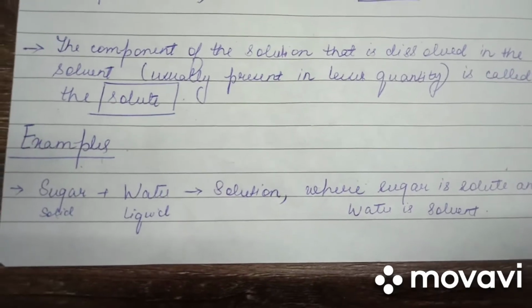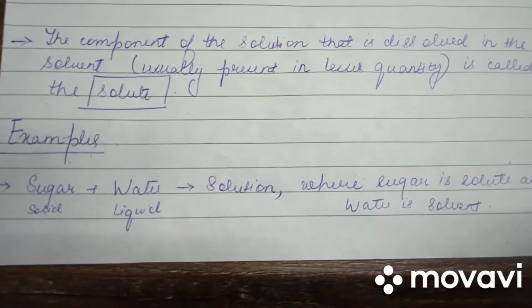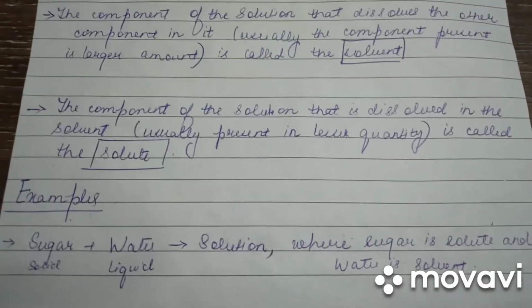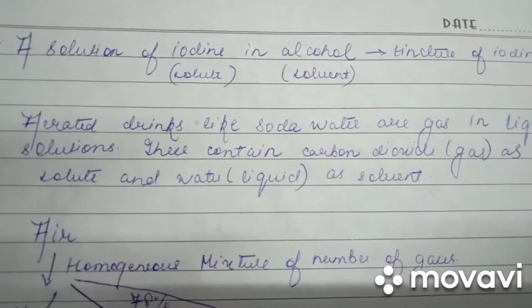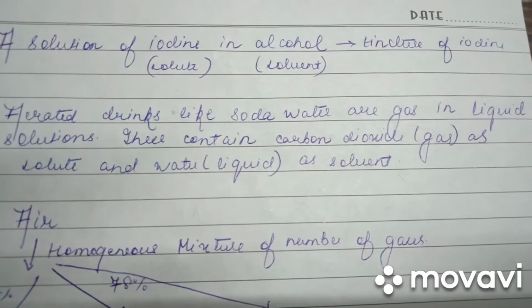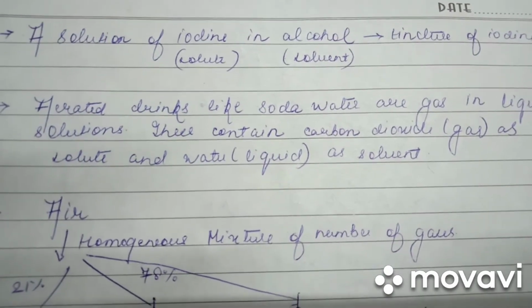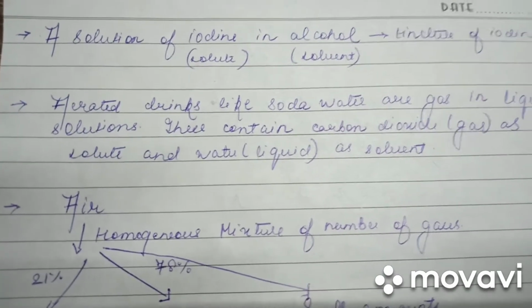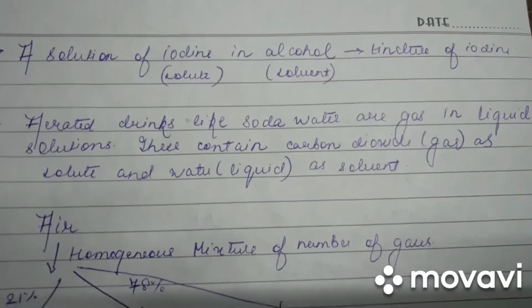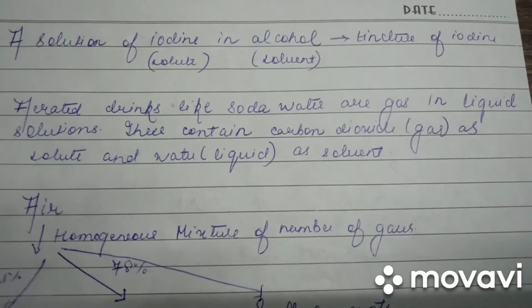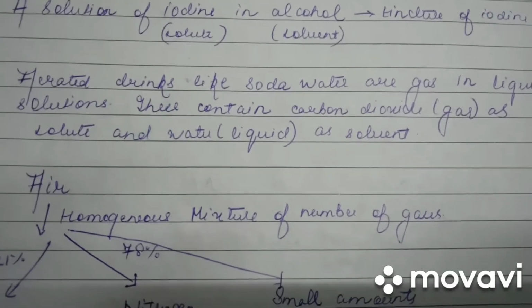Here we have an example of sugar in water, where sugar is the solute and water is the solvent. A solution of iodine in alcohol, which is called the tincture of iodine. In this case, solute is iodine and alcohol is the solvent. Aerated drinks like soda water are gas in liquid solutions.